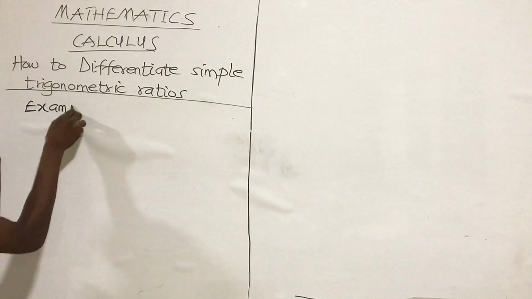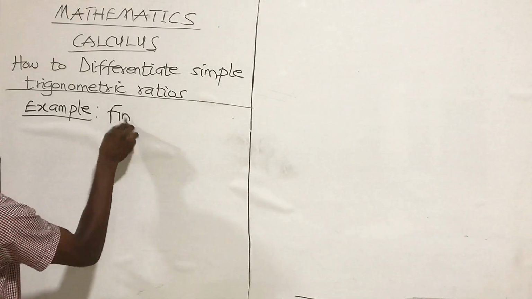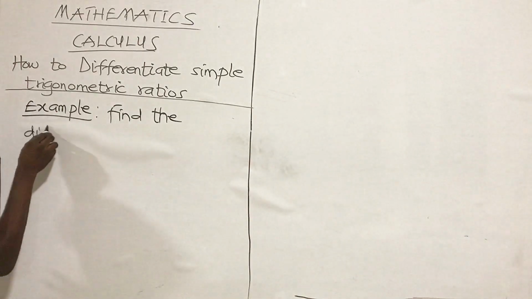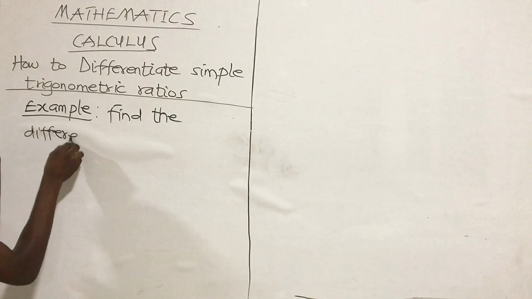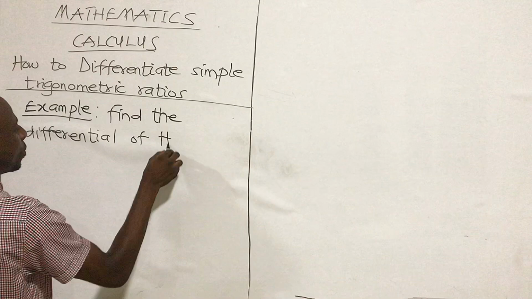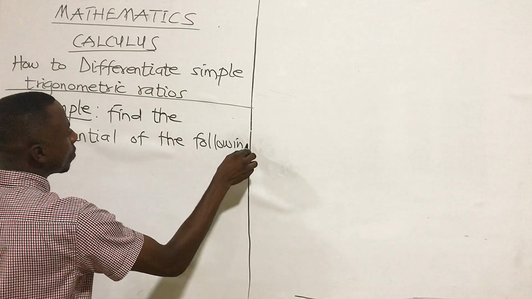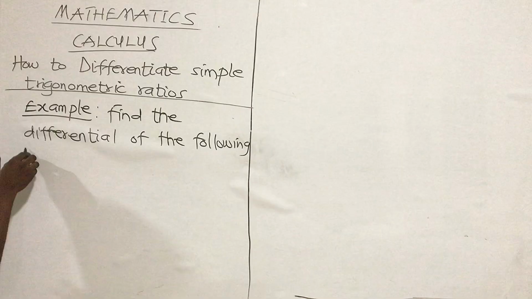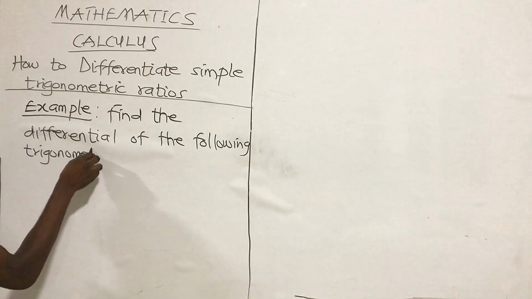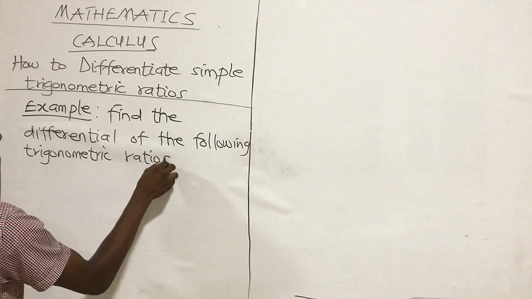Example: find the differential of the following trigonometric ratios.